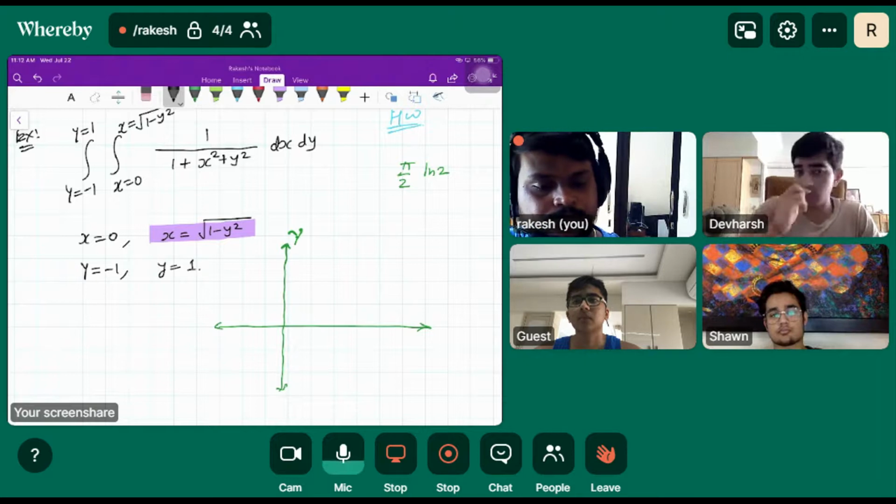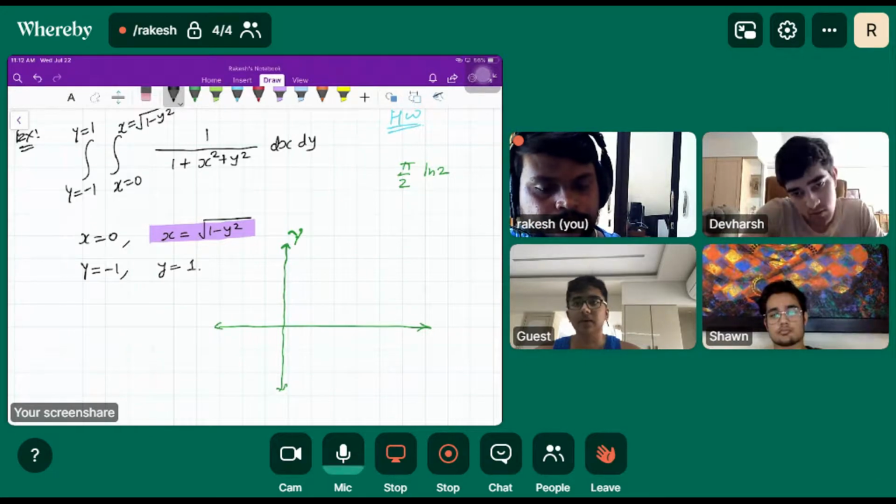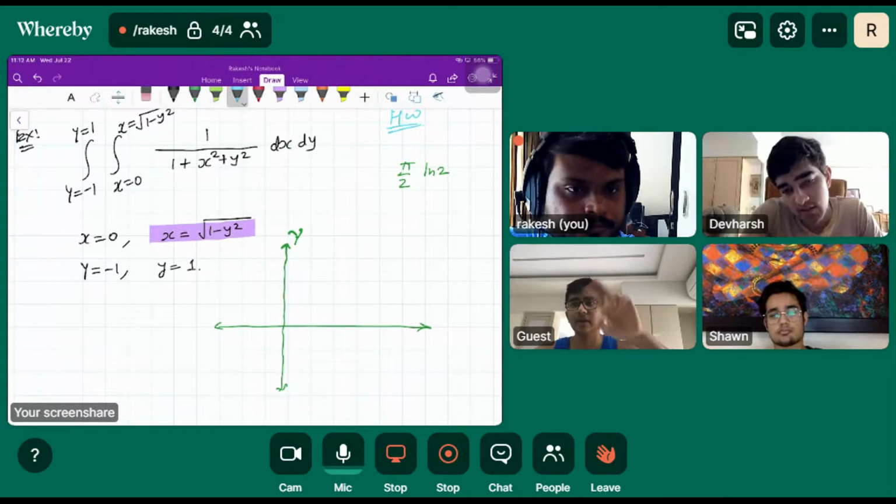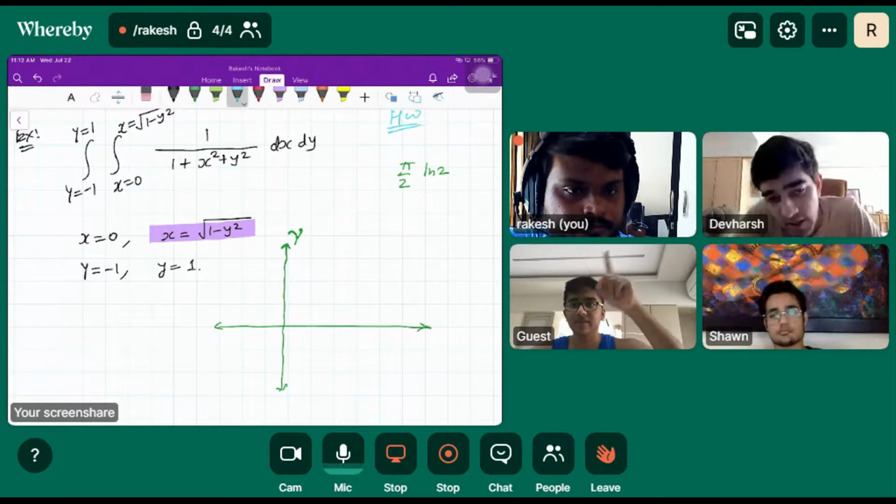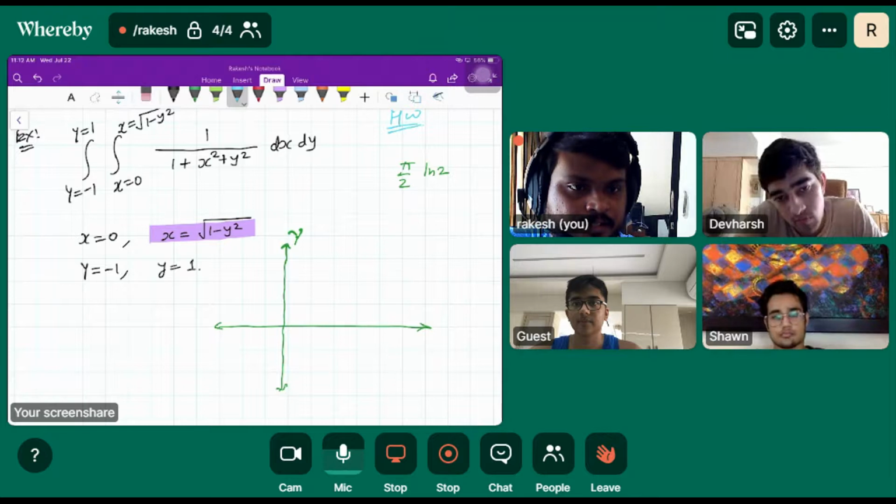It's a square root function, but it will be the other way around, by the y-axis instead of the x-axis. The same shape. So is it a square, or circle, or semicircle? It's a circle.